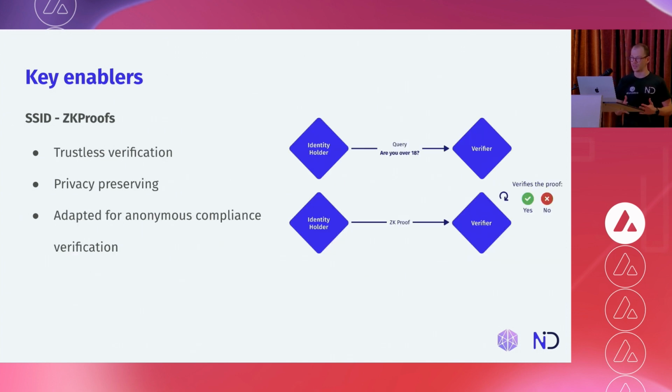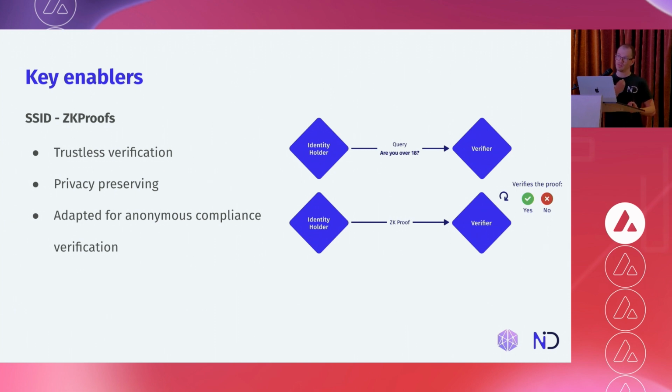And the next solution that comes as an enabler are zero knowledge proofs, which are basically a system that enables one party to prove something to another party without disclosing more than necessary information. In our example from before, ZK proofs will allow the user to transform his verifiable credential that proves he's 25 years old into a zero knowledge proof that just proves that he's older than 18.